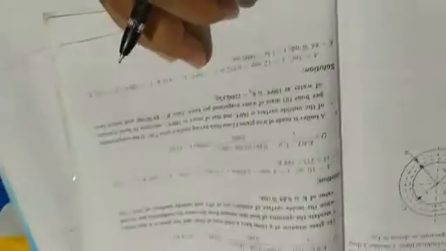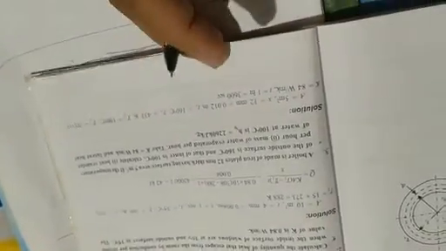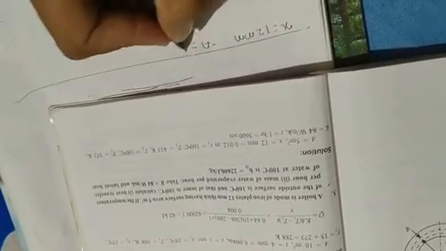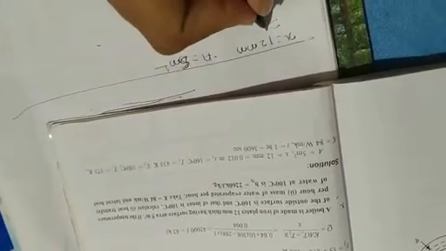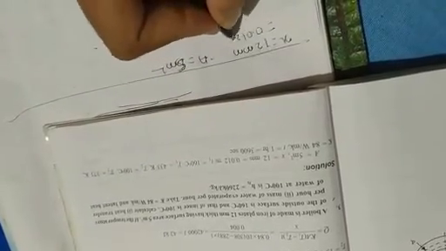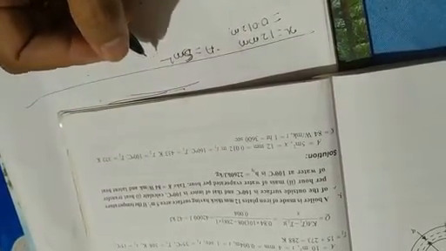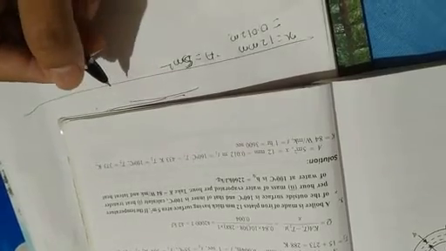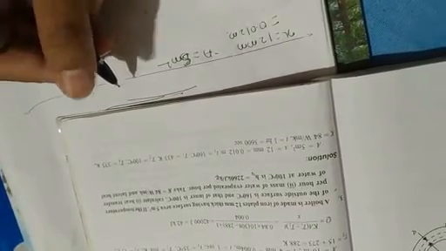For this second problem, write the given data. Thickness x equals 12 millimeter, which is 0.012 meter, and area is 5 meter square. The outside surface temperature is 160 degree, so T1 is 160 degree.